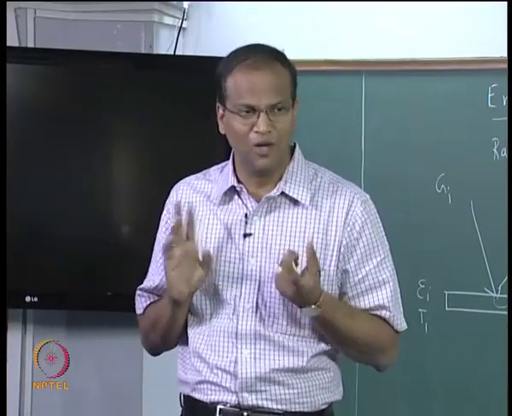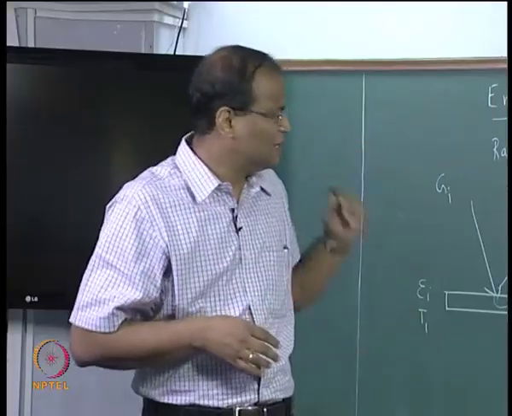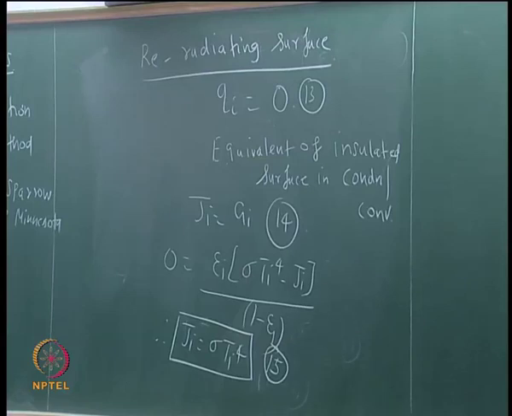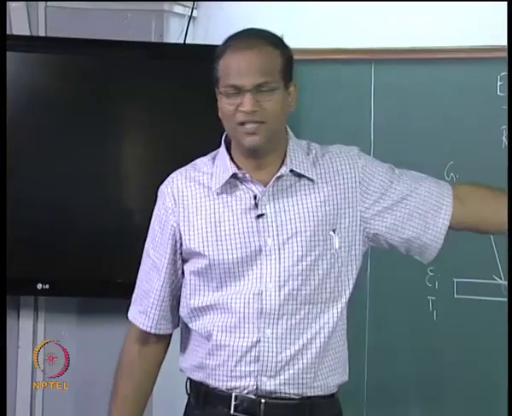So it will come to some equilibrium temperature. This sigma Ti to the power of 4 is also equal to Gi. The re-radiating surface temperature is decided by its neighbors. The other surfaces of the enclosure will decide its temperature.